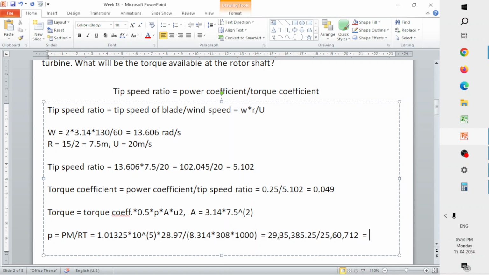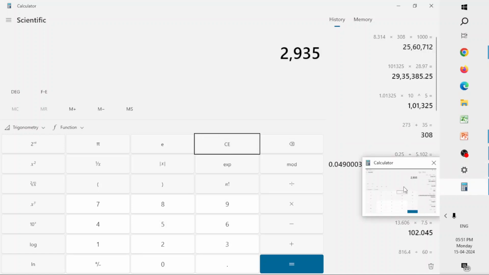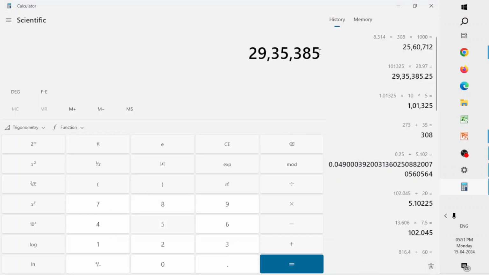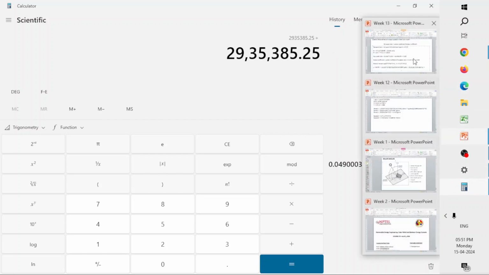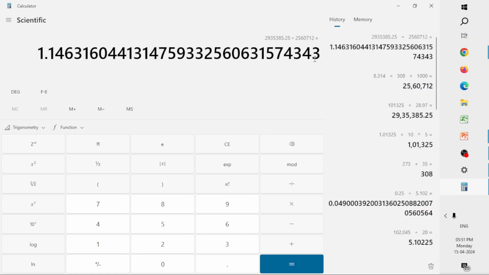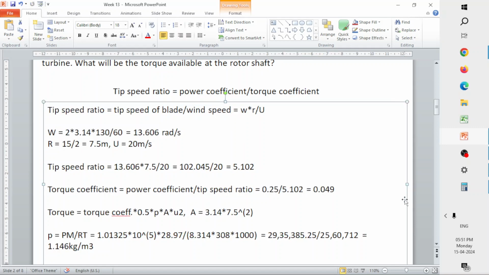If you divide these two, the density is 1.146 kg per meter cube. So this is the density of the air.